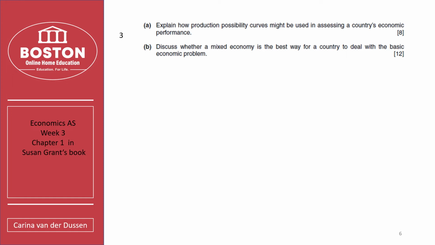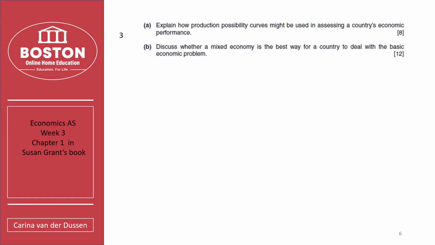Question B. A 12-mark question expects you also now to evaluate. So again, we will start with knowledge. The question is, discuss whether mixed economy is the best way for a country to deal with the basic economic problem. Knowledge.